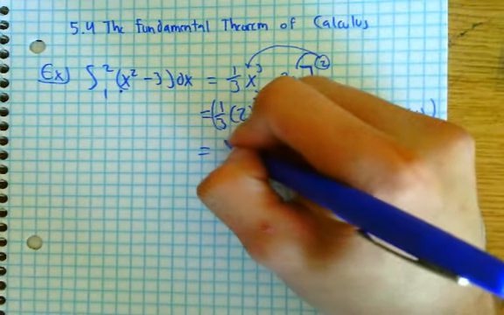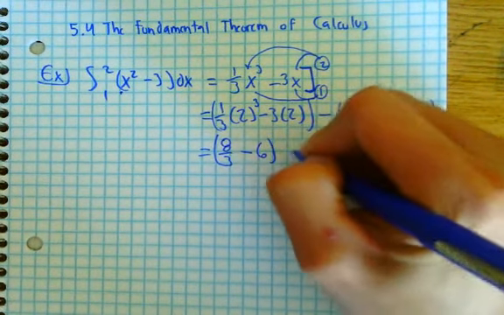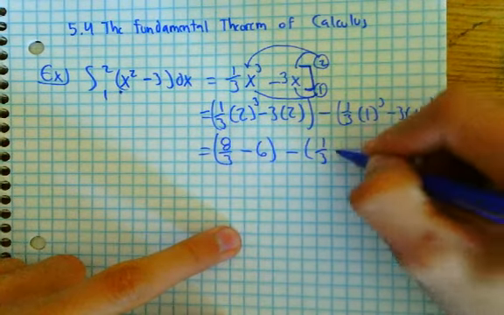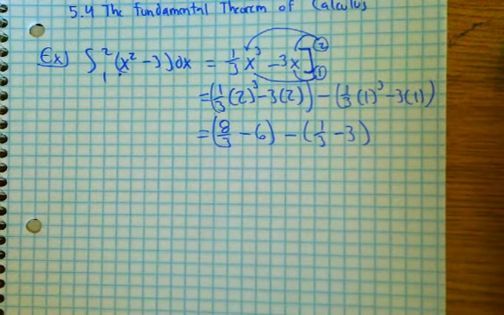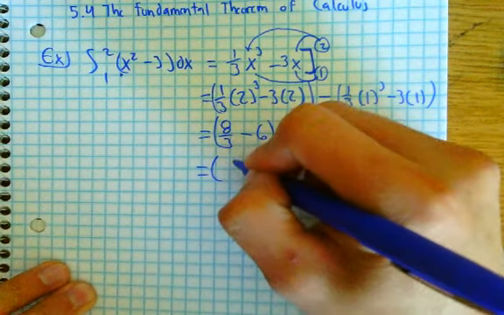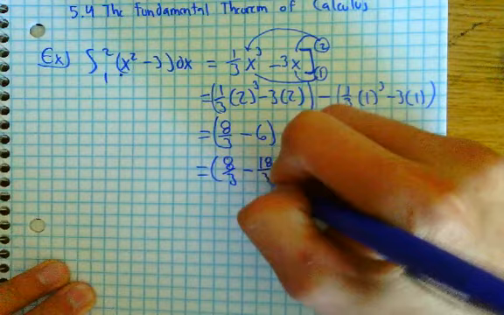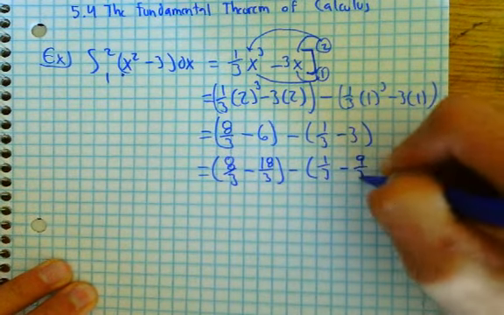2 to the third power is 8, times 1/3 is 8/3, minus 6, minus 1/3 minus 3. Okay? Well, at this point, if we get common denominators here, let's say this is going to be 8 over 3 minus 18 over 3, minus 1/3 minus 9 over 3.